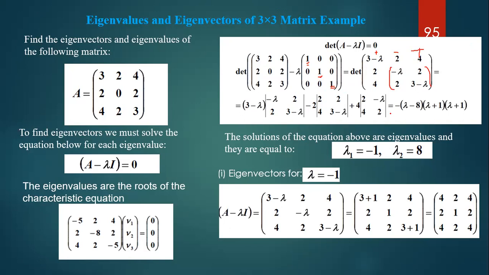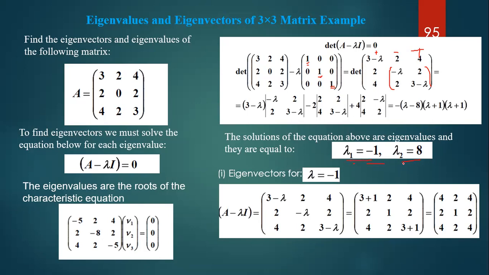So using the same principle, we can find lambda 1 is equal to minus 1, lambda 2 is equal to 8. And actually, there must be 3 values of lambda from this equation, but 1 is 0. So lambda 1 and lambda 2 are minus 1 and 8.